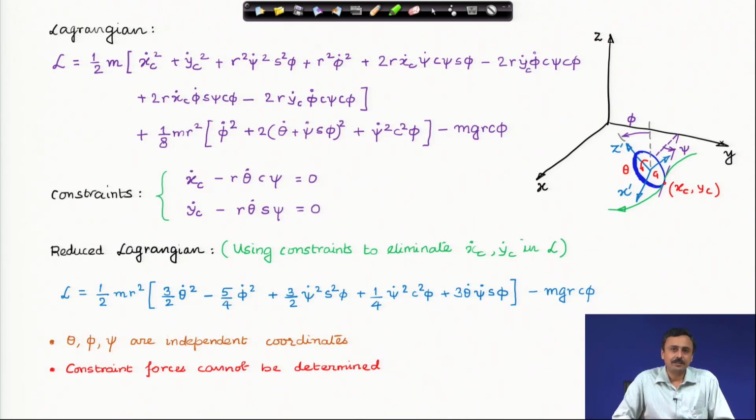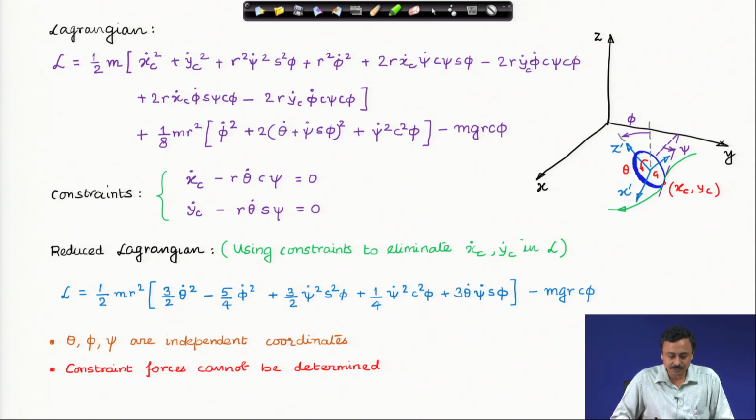But do we care? Well, it depends. If I am just interested in the dynamics of a rolling coin, I am not really bothered right now about the constraint forces, whether slipping or skidding is taking place. To be safe, I assume that there is enough friction so that it does not slip.